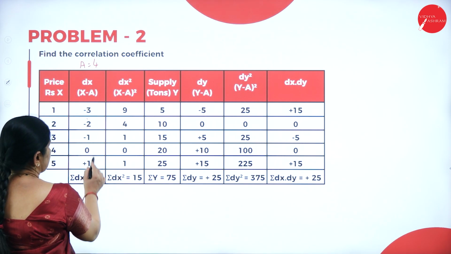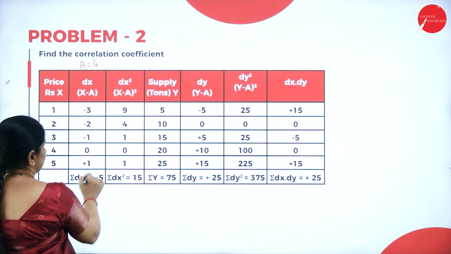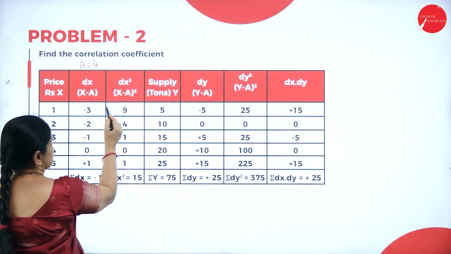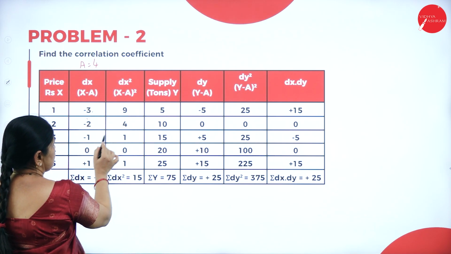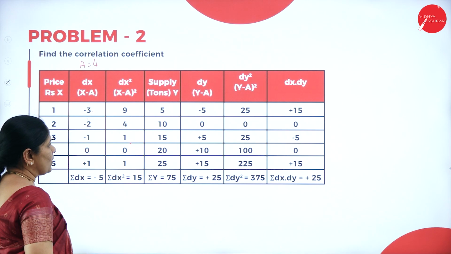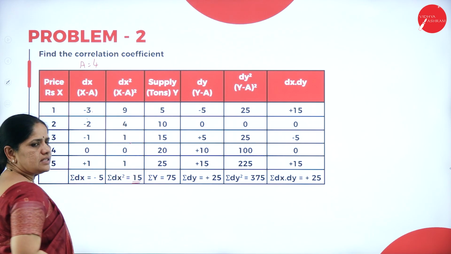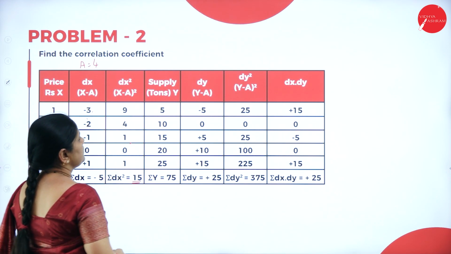So sigma dx equals minus 5. Next dx square. So 3 3s are 9, 2 2s are 4, 1 1s are 1, 1 1s are 1. So 9 plus 1, 10 plus 5 is 15. Sigma dx square equals 15.